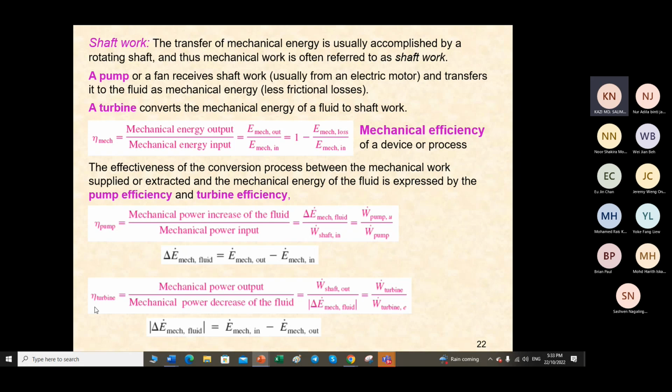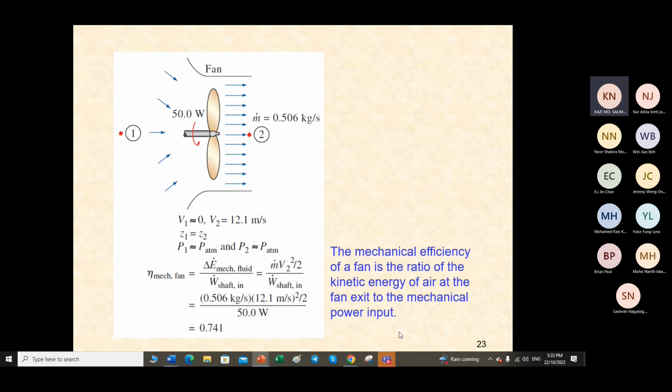The W turbine extraction from the turbine is the numerator, and the denominator is the mechanical energy supplied to the turbine. So with it, turbine efficiency can be evaluated. Here delta E mechanical is E mechanical in minus E mechanical out.